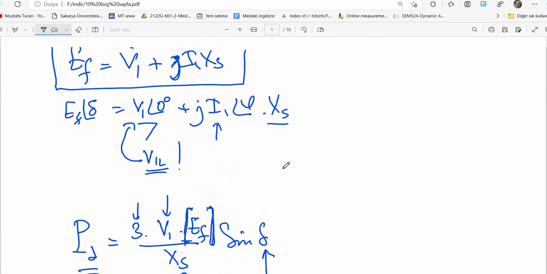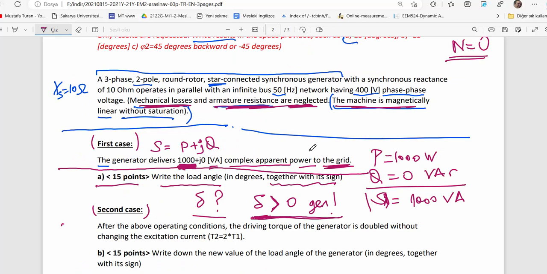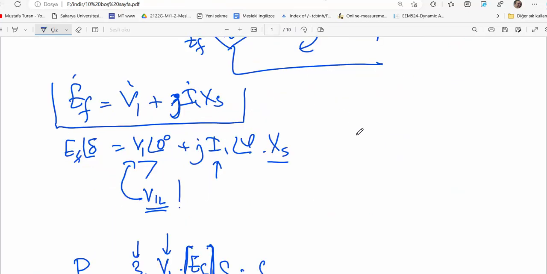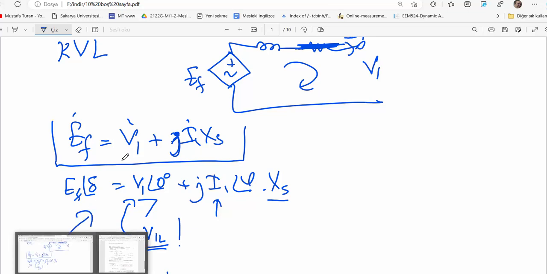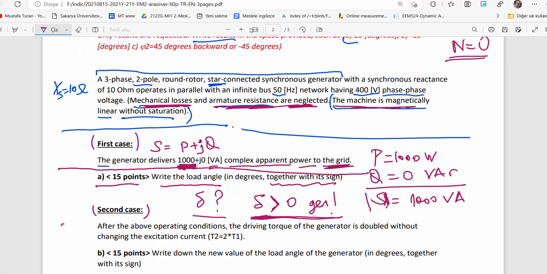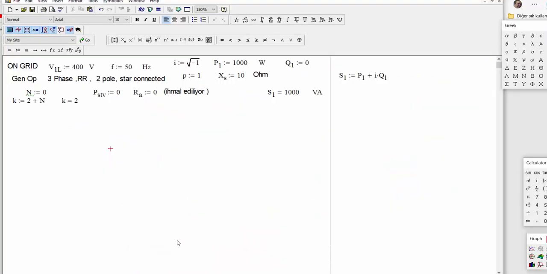Let's choose the first approach. Start from here. Let's write the Kirchhoff's voltage law around the loop. Here's the equation. There are some unknowns.